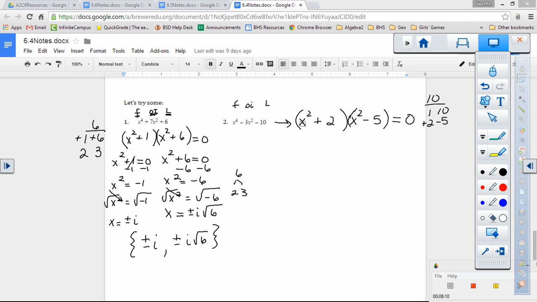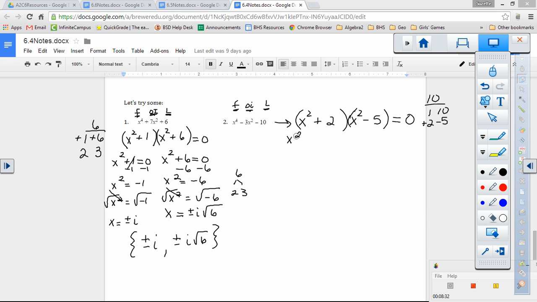And check. X squared times x squared, that is my first term, x to the 4th. My last term, positive 2 times negative 5 is in fact negative 10, so my last term works out, and now I just need to check my outside and inside. So negative 5x squared and positive 2x squared is negative 3x squared, so those also work.